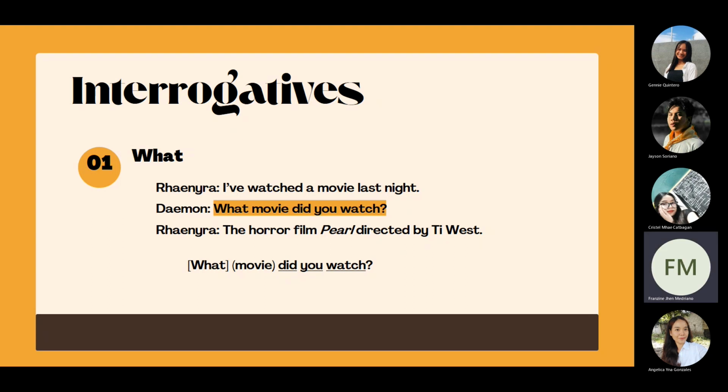With the syntactic environment application, what is inside the square bracket as it is our determiner. Then the movie is inside the parentheses as it can be optional. Then the did you watch is underlined as it makes the structure complete. Next slide, please.